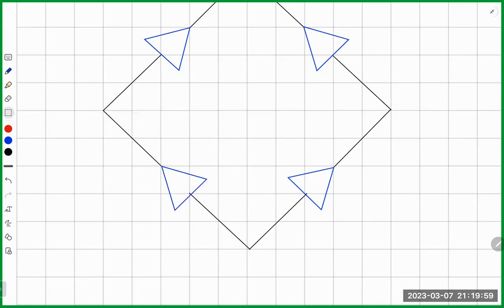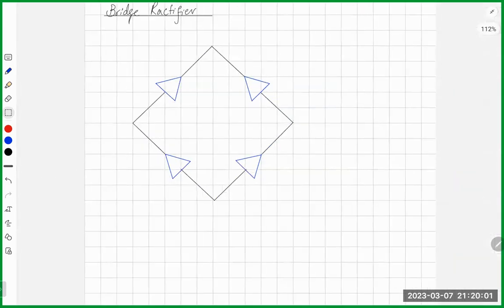Okay, now these are diodes. This is the alternating current supply.